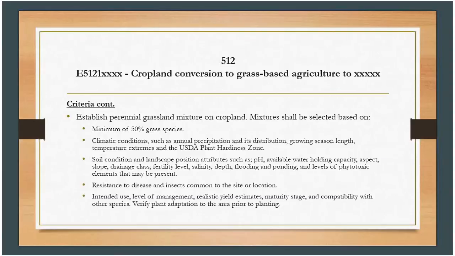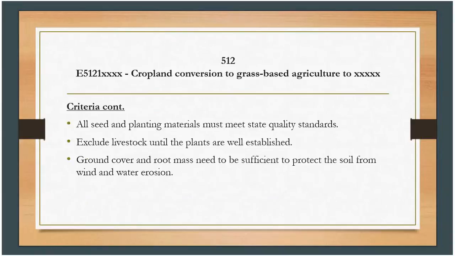Make sure that it's in the right hardiness zone, the right temperature regime, the right pH, the right water holding capacity, the right everything. But the real constraint here is you have to have at least 50% grass species. So somebody with an alfalfa stand could reseed it to 50% grass, 50% alfalfa, and I think qualify for this enhancement.